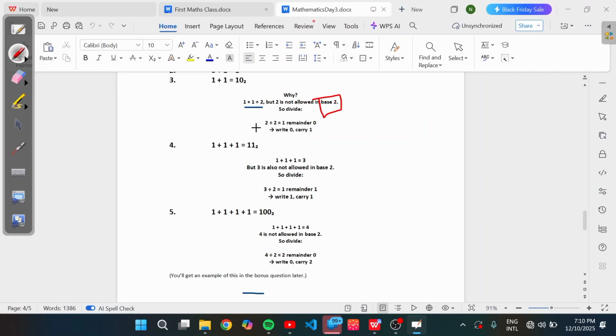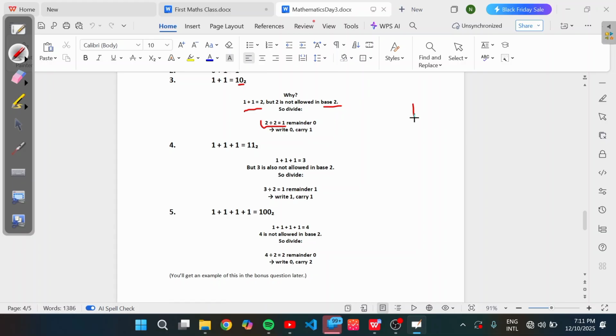So you won't be confused, this 1 plus 1 equals 2 is different from this base 2 over here. So the 1 plus 1 equals 2 here will be divided by the base 2. So 2 divided by 2 is equal to 1 remainder 0. So we write 0, which is our 0 here, and then carry 1.